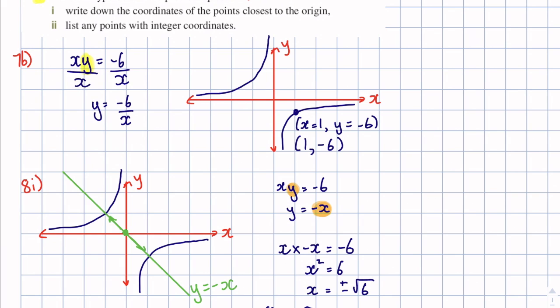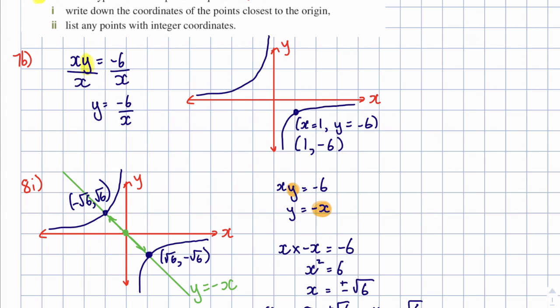So when x equals the positive square root of 6, y, well, that times something equals negative 6, so the other thing must be negative root 6, because root 6 times root 6 is 6, and a positive times a negative gives me the negative. And by the same token, when x is minus root 6, y is positive root 6. So these points closest to the origin will be root 6 comma negative root 6, and negative root 6 comma root 6.